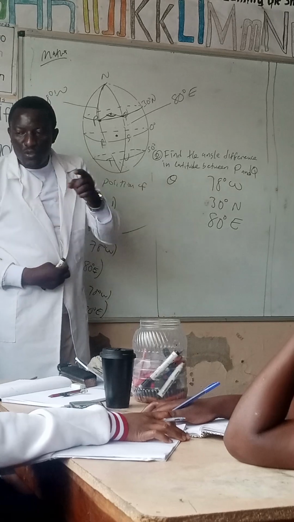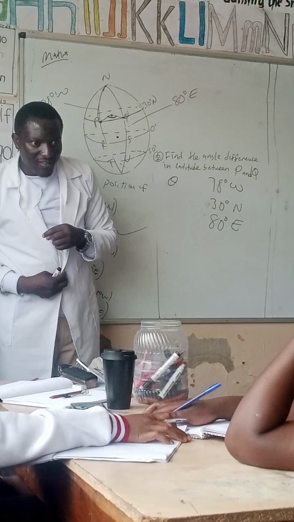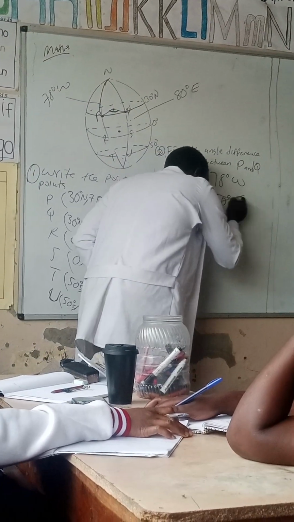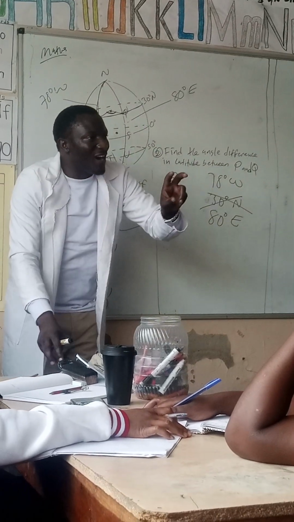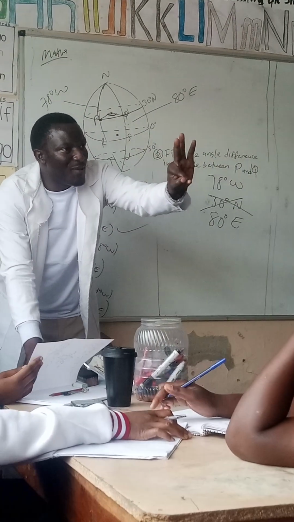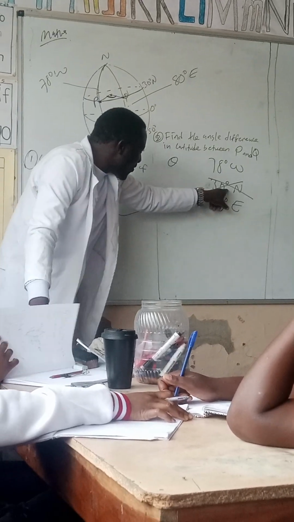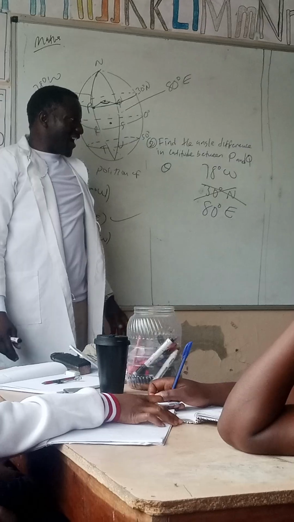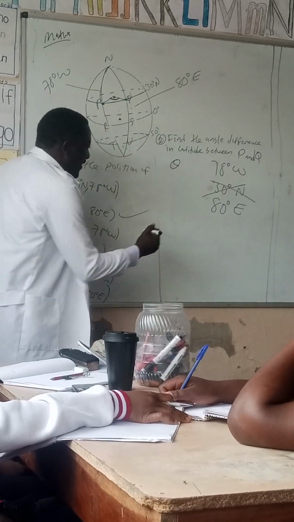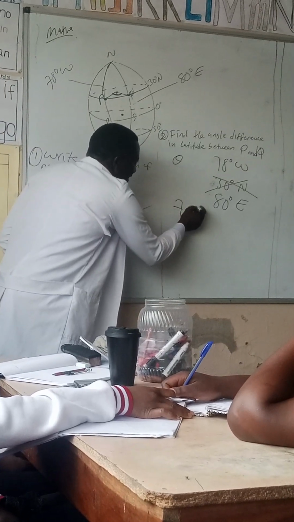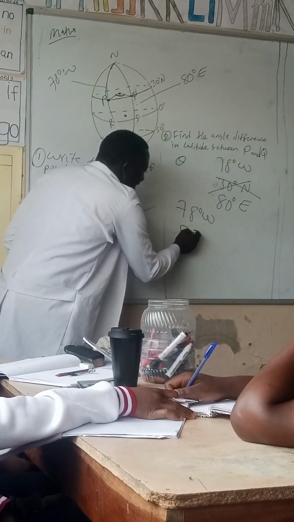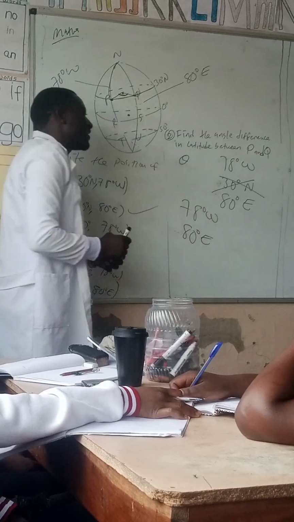No. So this one is not needed. Remember I said you need how many angles? 2. But you've got how many? So you need to eliminate 1. So which one are you going to eliminate? This one. So now we've remained with the 78 degrees west and 80 degrees east. They are just 2 things.